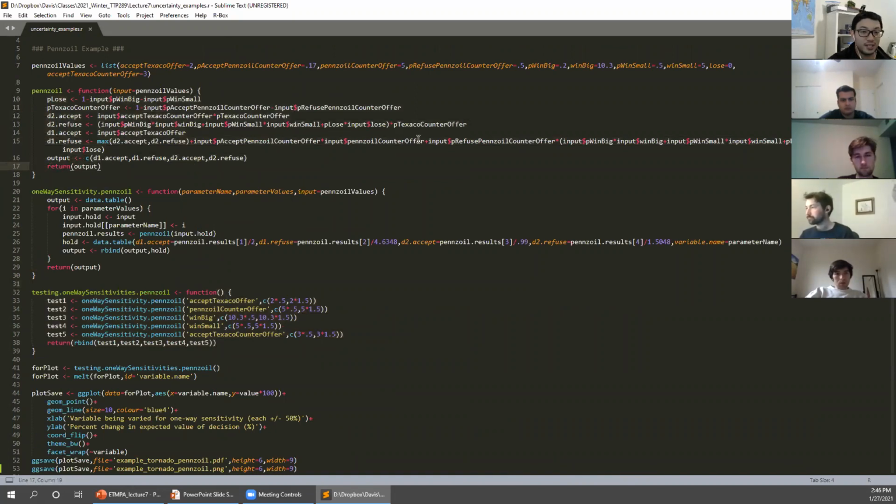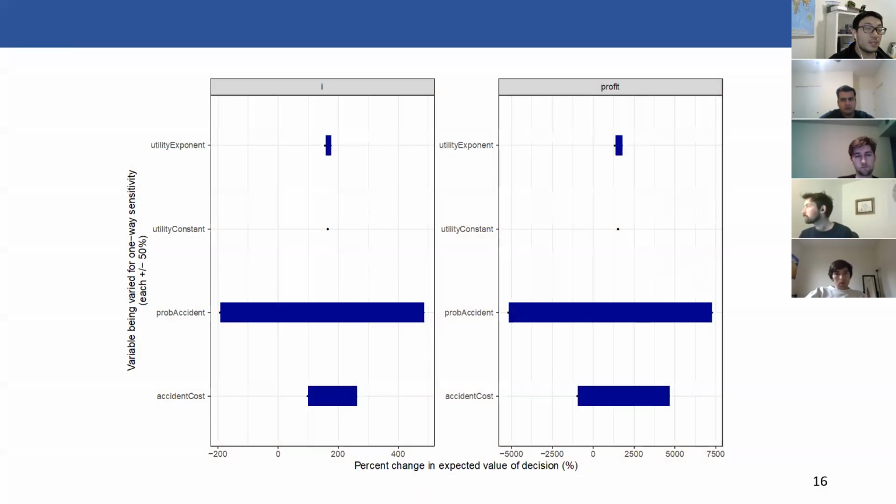So I'm not going to go through this, right? It's specific to that programming language, but it is posted online so that if you want to take a look at it, you should hopefully be able to decipher the code to see exactly how I implemented these sensitivity analyses.